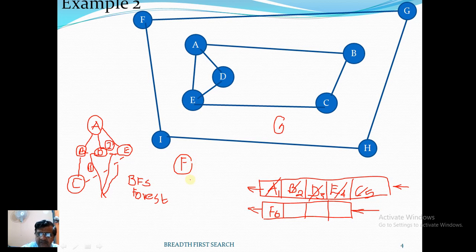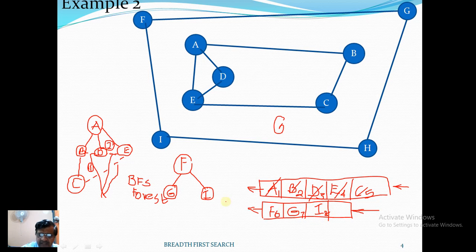From F it has a direct connection to G as well as I. G is alphabetically superior, therefore it will visit G, that is our convention, and then it visits I and marks it as visited. So F6, G7, I8.